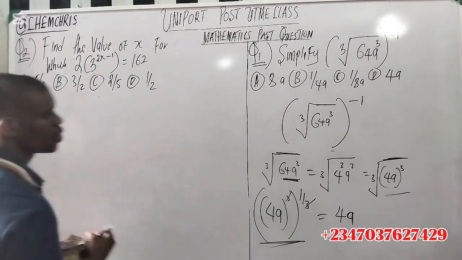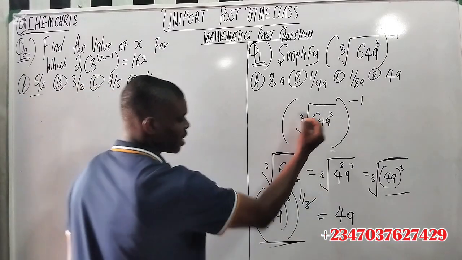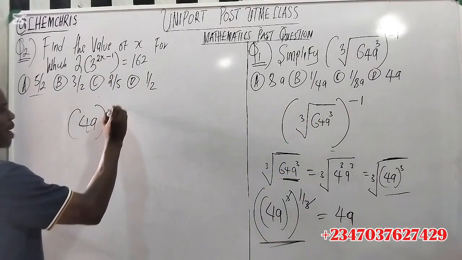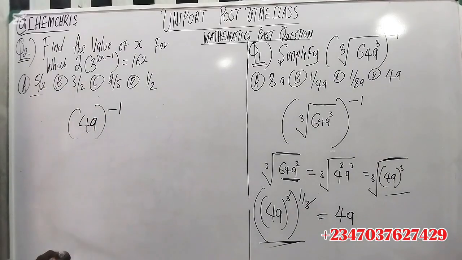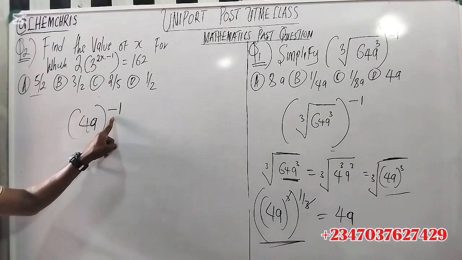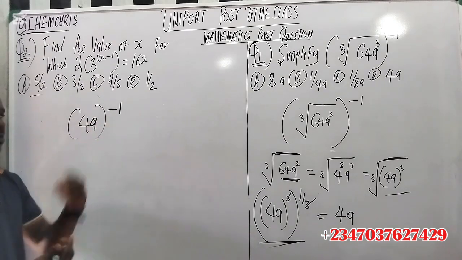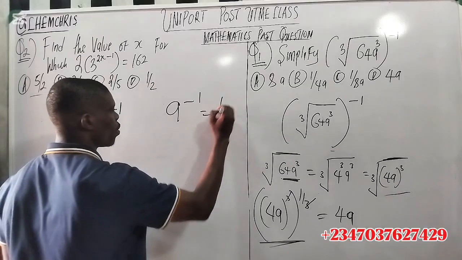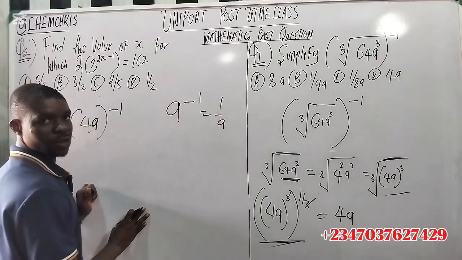So because everything here is now 4a, we have 4a all raised to the power minus 1. But I want to remove this minus sign. This one means inverse. When I have a to the power minus 1, it is also 1 over a.